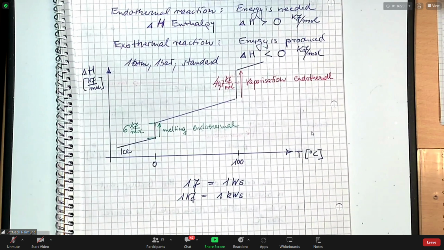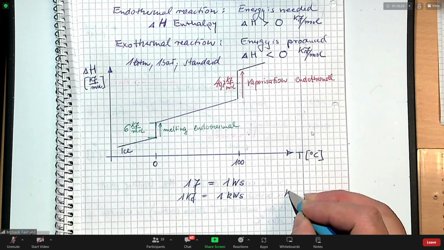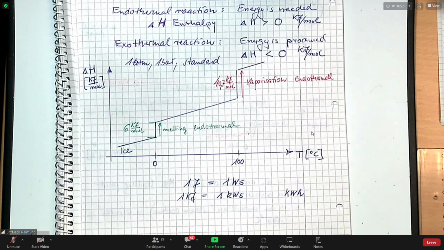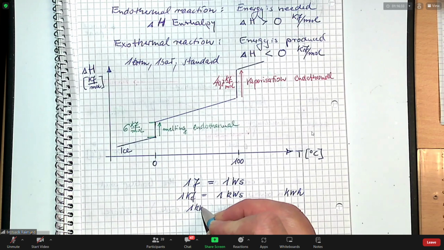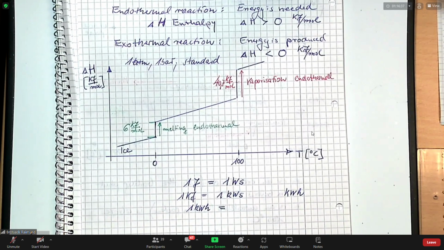In electrical engineering, they are very often talking about kilowatt hours. Now I'm asking you, 1 kilowatt hour is how many joule?